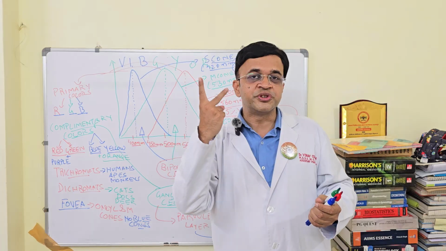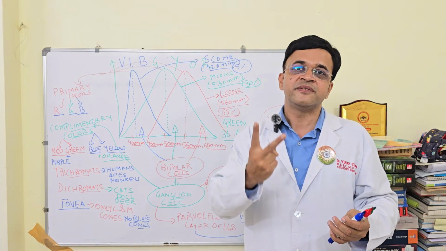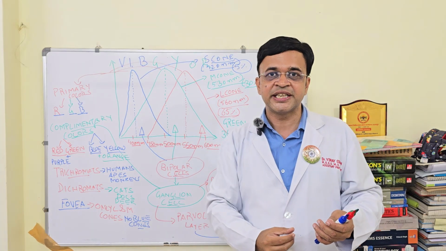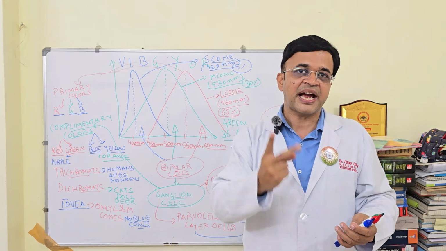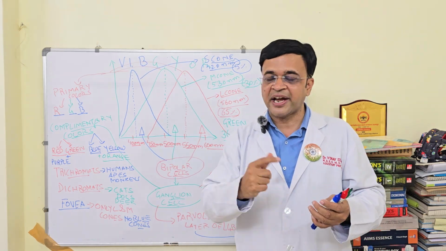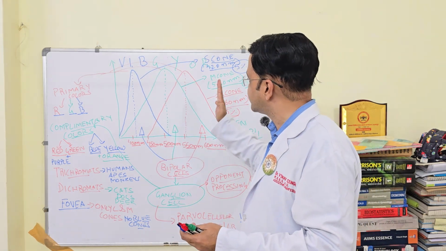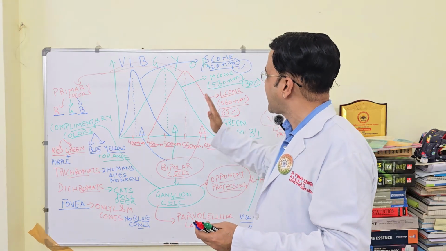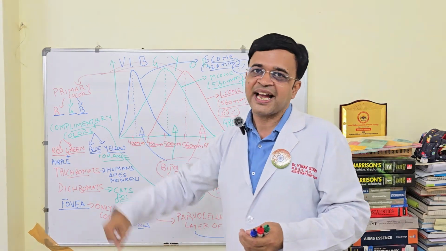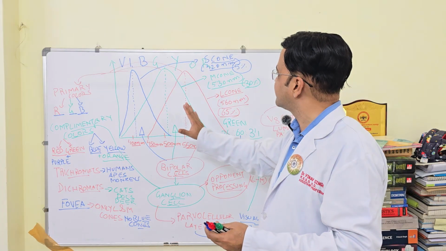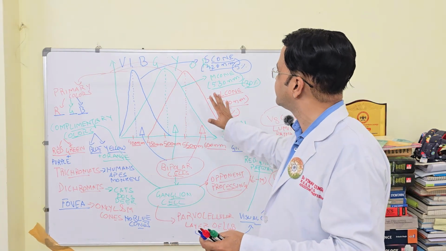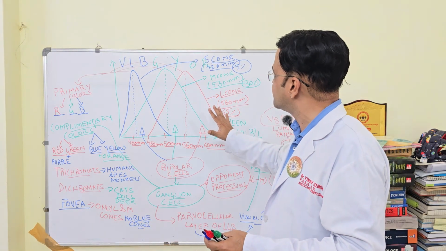So what are the two theories with the help of which we can explain color vision? Trichromatic theory and opponent theory. In trichromatic theory, we have got three kinds of cones: L cone, M cone and S cone. L cone absorbs light of the highest wavelength, 560 nanometers, and it is the most numerous.